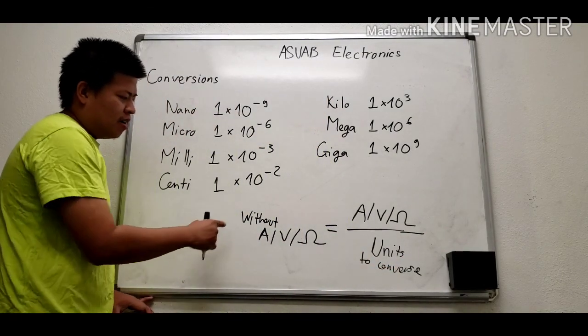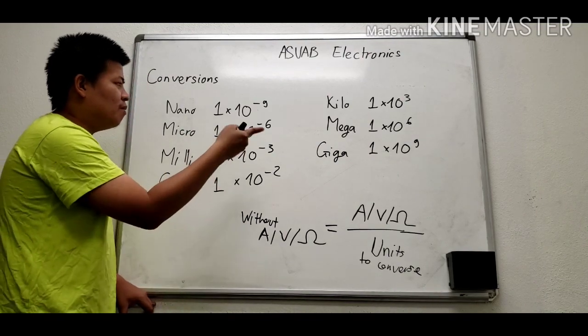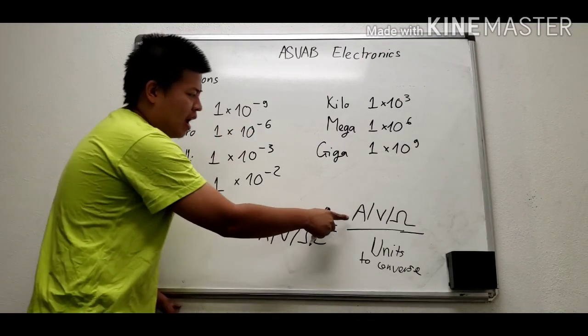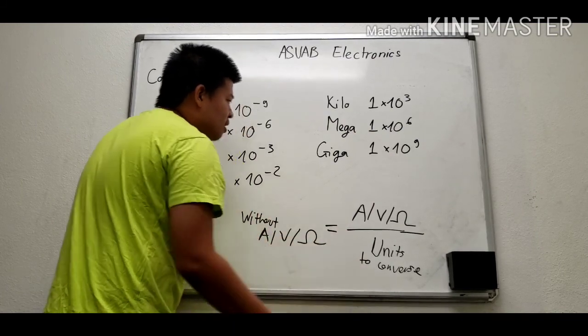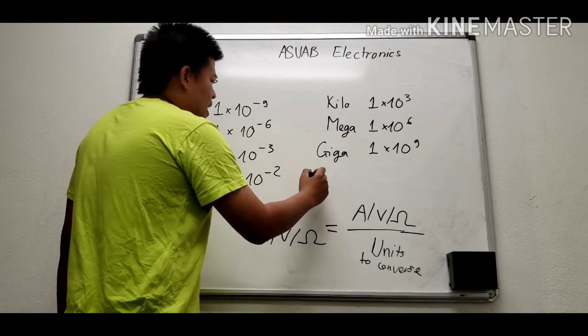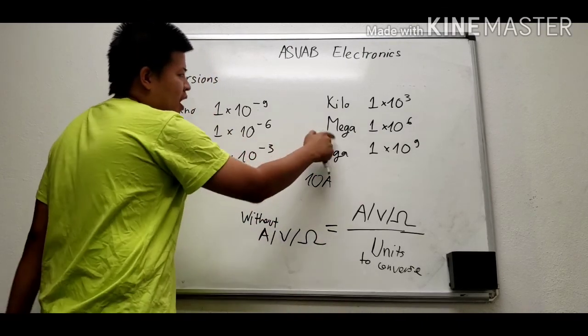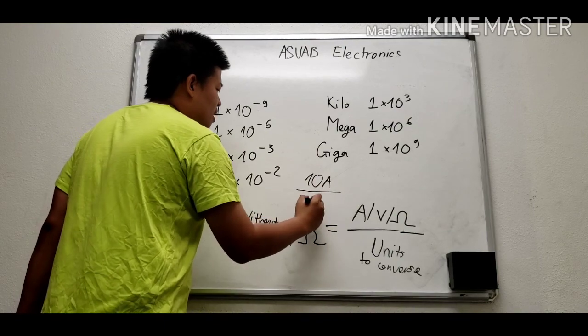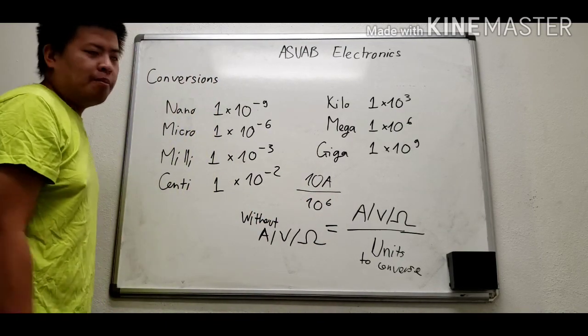So we have the unit without centi, milli, mega or giga, and we have the number here. We just divide by the unit to convert. If we have 10 ampere but we want to convert to mega, we just divide by 10 power 6, and you get the mega ampere.